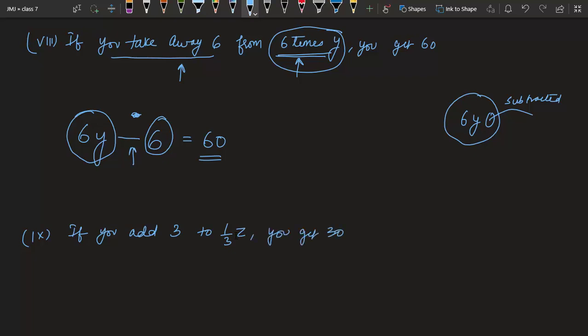As we have the addition operation, this time there is no issue of order. Whether you keep this first or this first, it will not change anything, because addition is commutative. But it was not correct in the case of subtraction. Whenever you see a negative sign or a division sign, you have to be more careful of the particular order.